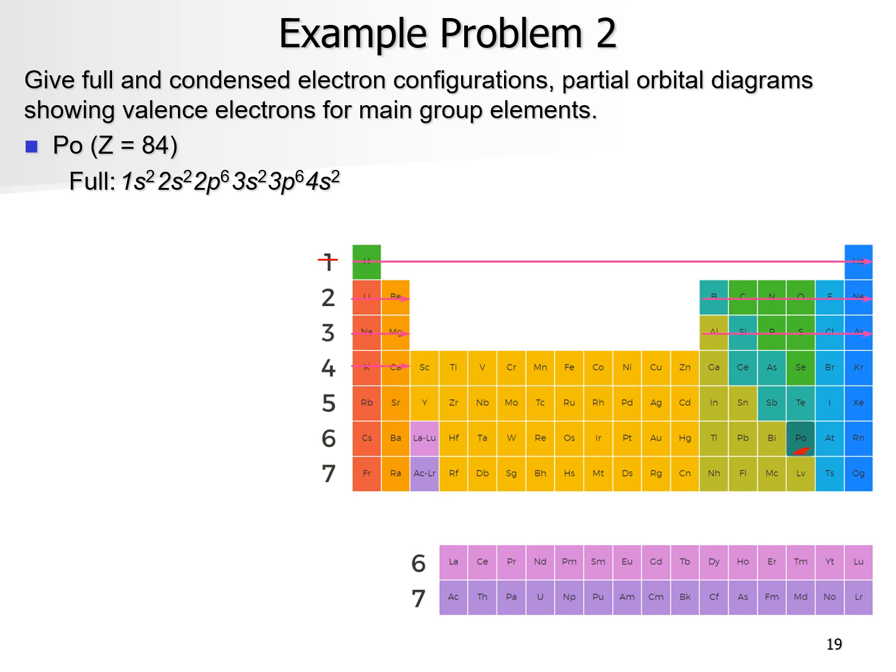Now we are in the territory of the d block. From scandium all the way to zinc, that will be 3d10. Remember, (n-1)d. From Ga to Kr, krypton, that will be 4p6. Moving on to the fifth period, Sr, that will be 5s2.